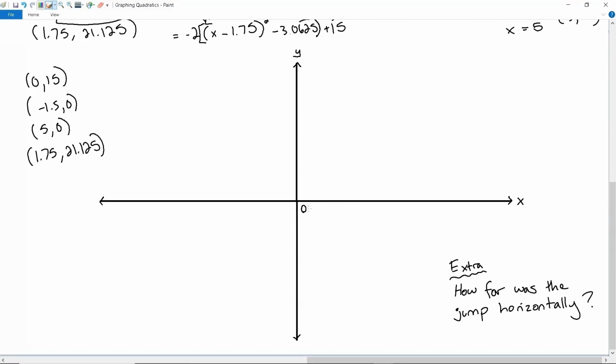So we're going from 0 to 21.125. So I need some pretty big jumps here in terms of my y value. So let's do it in 4s. And then in my x dimension, or my x-axis, doesn't have to be too much. I'll just do it in 1s.